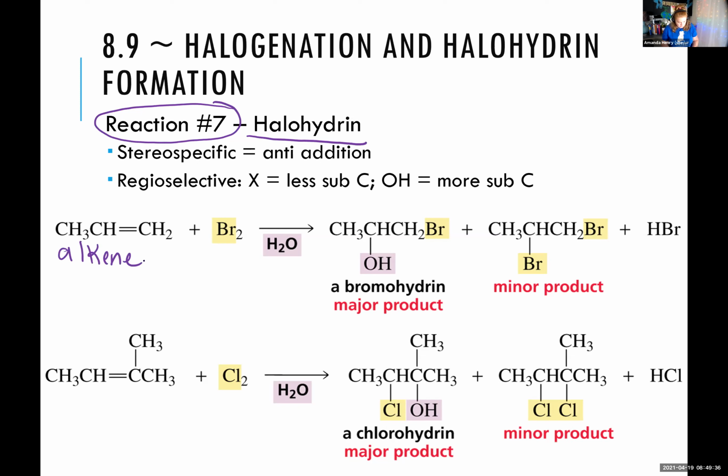We are reacting it with a halogen. And our halogen can be bromine or chlorine. And we're using water as a solvent here. And this could actually be water or an alcohol group.